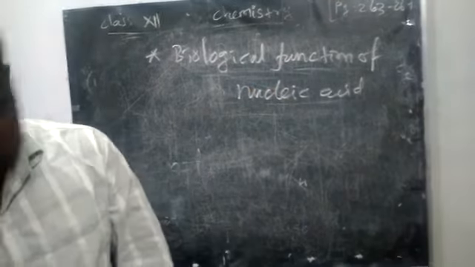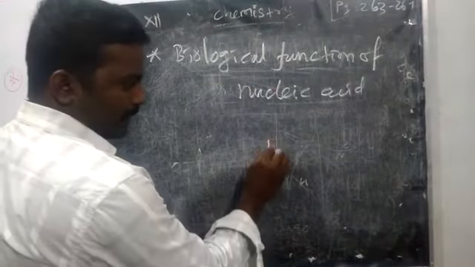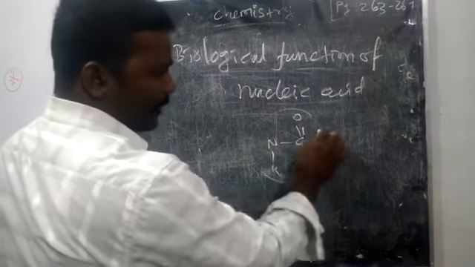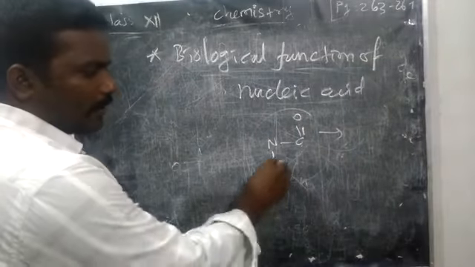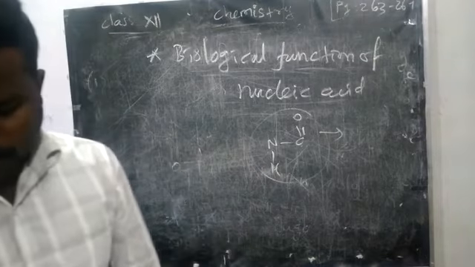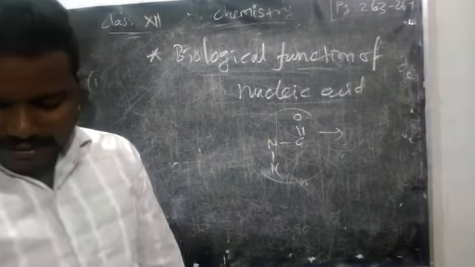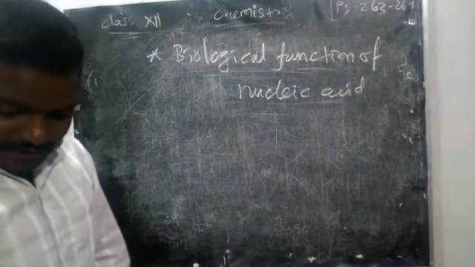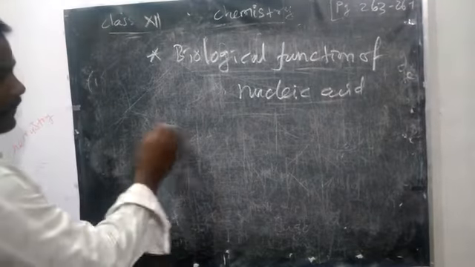Amide means what? You must know at least that small thing. If you know, you could understand. But you should also remember the peptide linkage in between. Followed by the diphosphate, because the next one is a coenzyme.